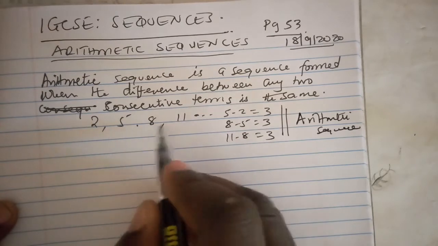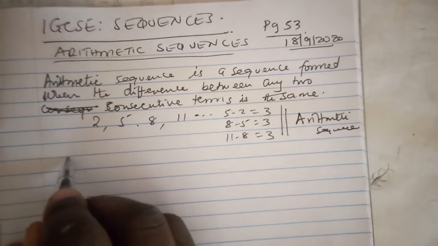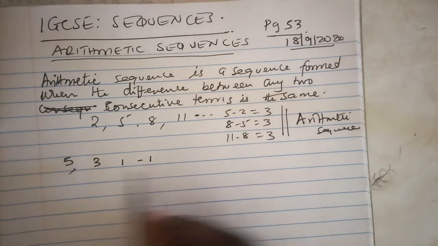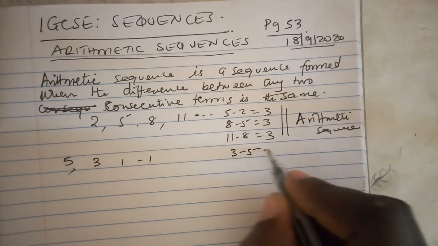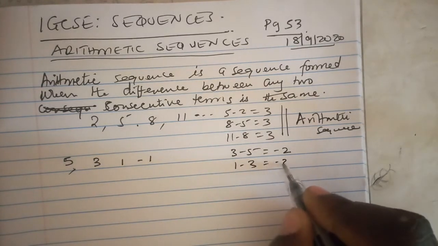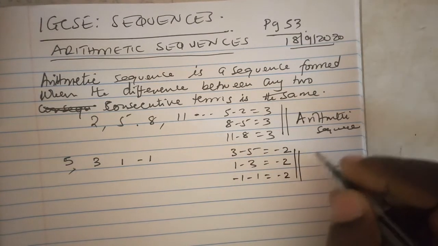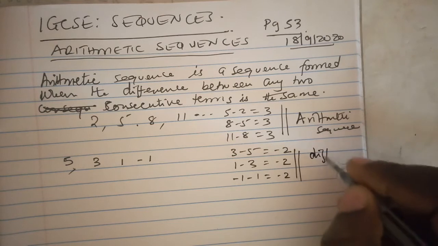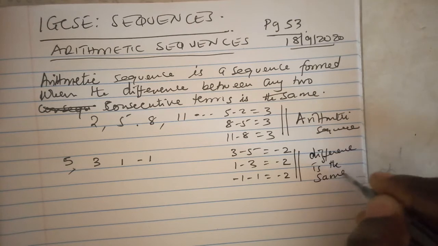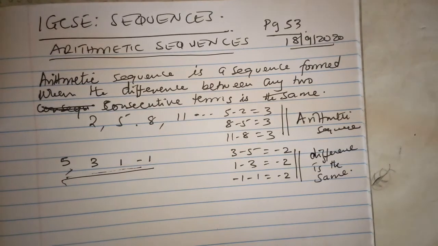If you have another one, for example, starting with 5, 3, 1, minus 1, and all that, you have 3 minus 5 is negative 2, 1 minus 3 is negative 2, minus 1 minus 1 is negative 2. Again, the difference is the same, and therefore this one is an arithmetic sequence.